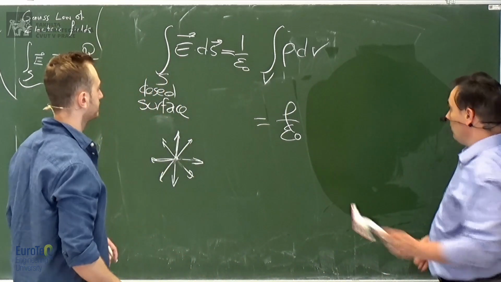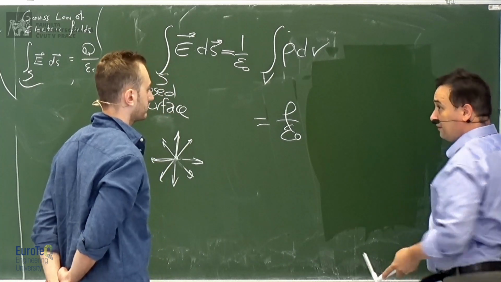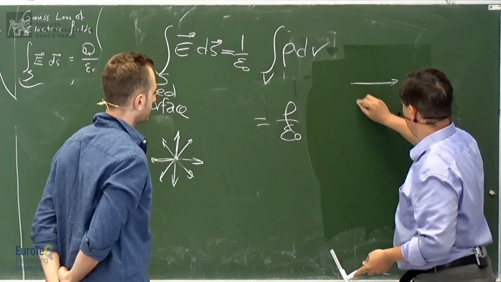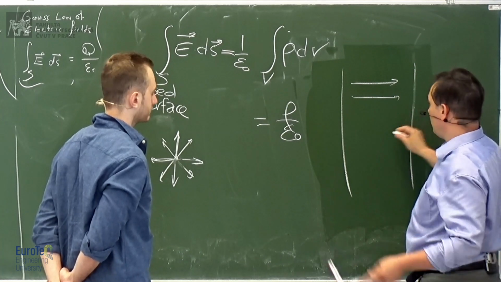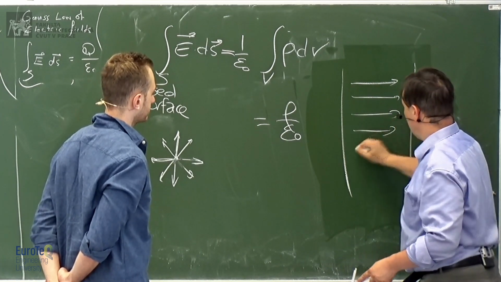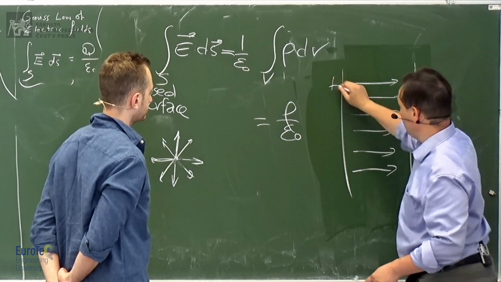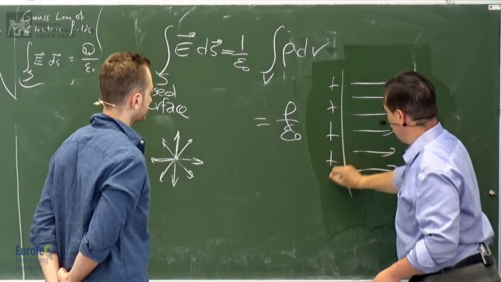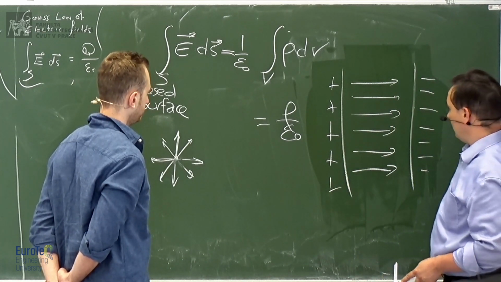So, for instance, if you have a uniform field, let's say you are in an ideal capacitor, you have a uniform field, okay, charge is positive, negative, okay.